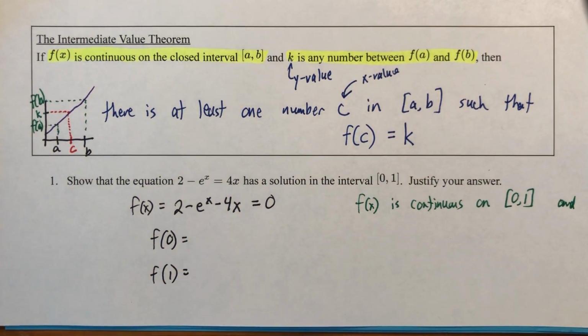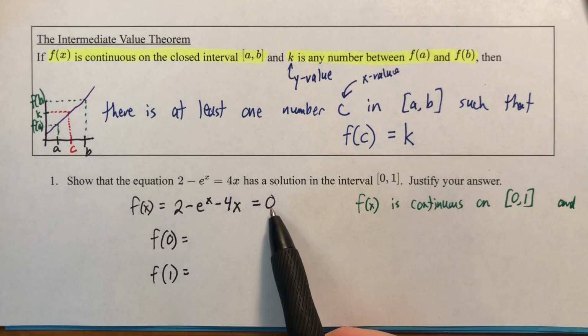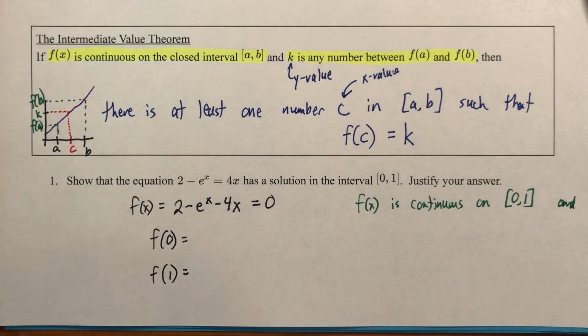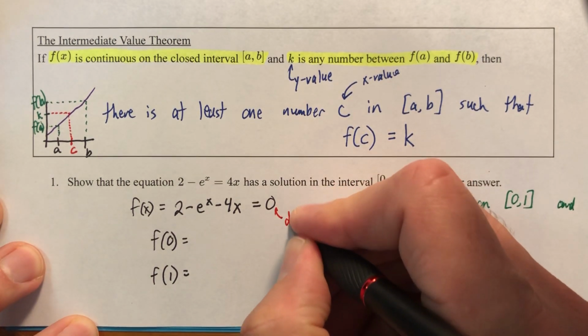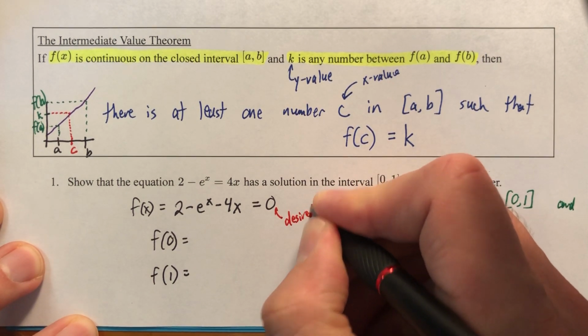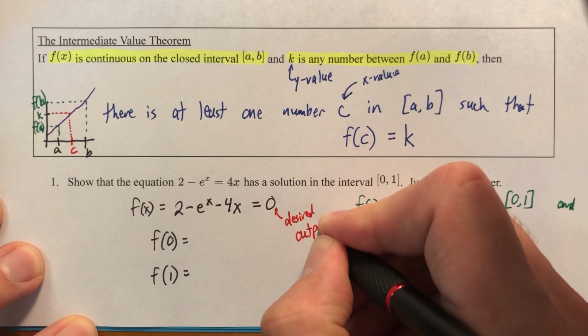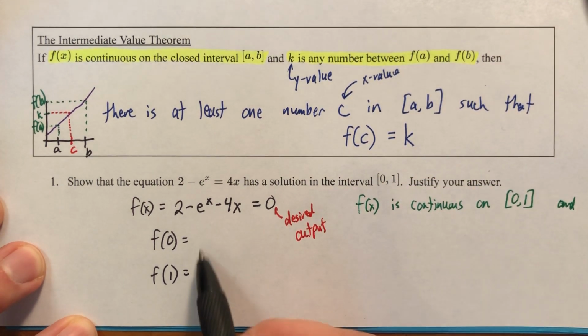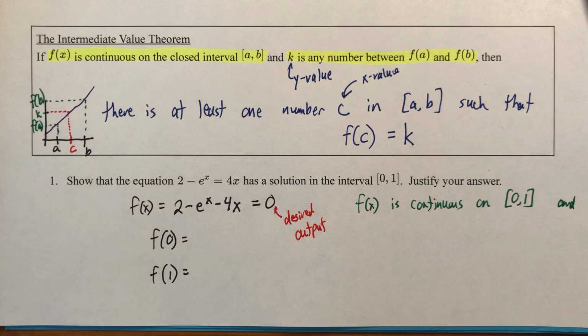And if you want to write that, you can. This is my desired output. If my desired output is in between these two values, I can guarantee that there's an x value that will give you that. Don't know what it is, but I know it's there. Somewhere, at least one.